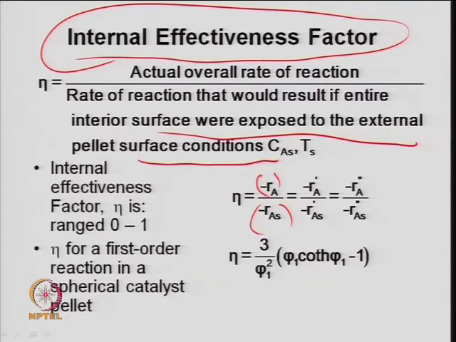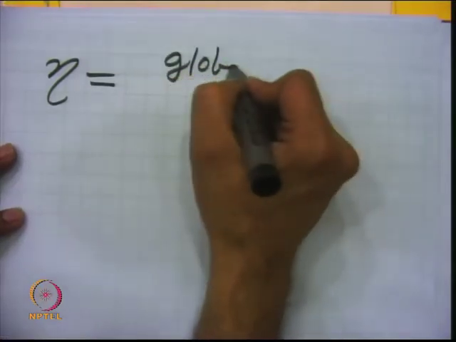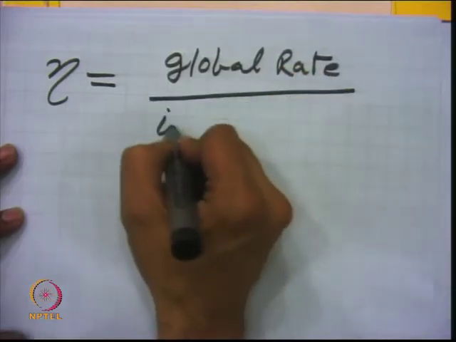It is the disappearance of A which is actually happening, divided by the maximum possible rate of reaction, which is measured based on surface concentration or surface conditions. This can be defined based on surface area, or per unit volume or mass of the catalyst; that has no meaning, it is similar. So now eta is the global rate divided by the intrinsic rate.